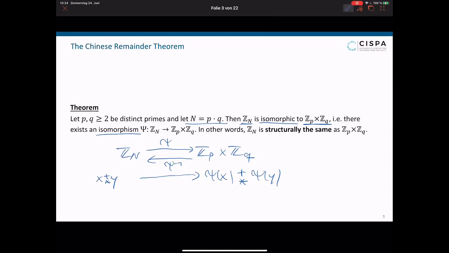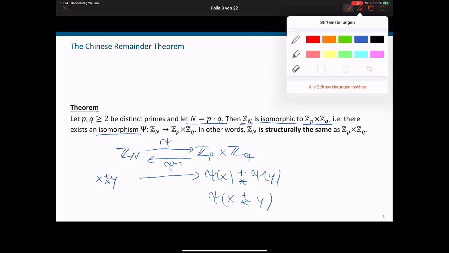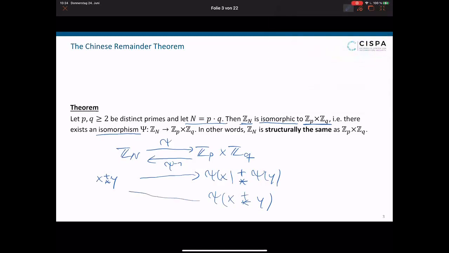I'm going to talk about how this works in a moment. But then you can compute, let's say, phi of x plus y or times y, and then you can again move back with phi inverse and get the same result, right?